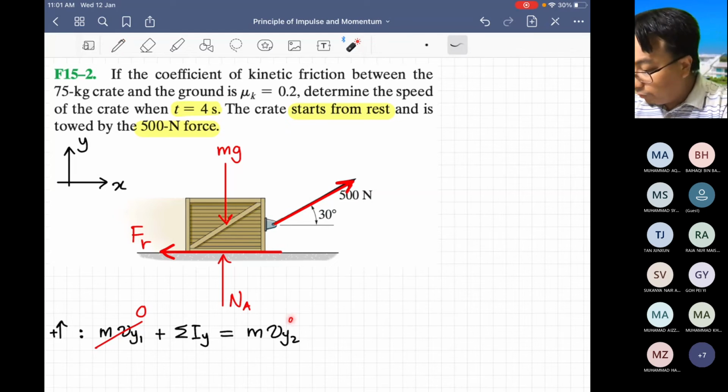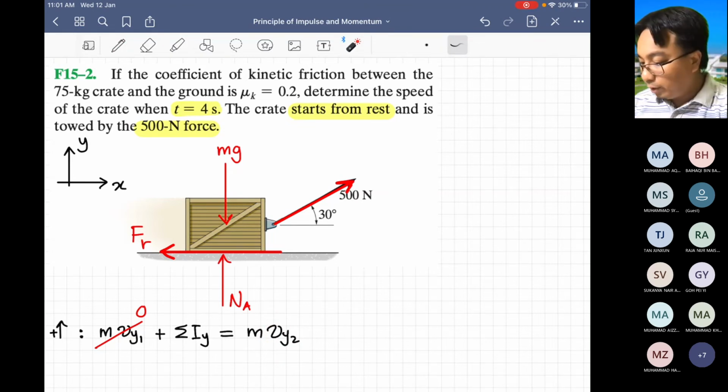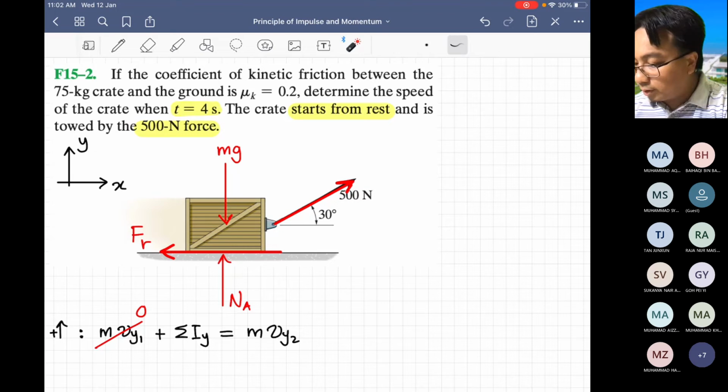Now, Vy2, siapa boleh bagi tahu saya? Tak perlu calculate, just by looking at the figure, what will be Vy2? Zero. Why? Because there is no movement at y-axis. Correct. The motion of the crate hanya akan bergerak ke kanan.